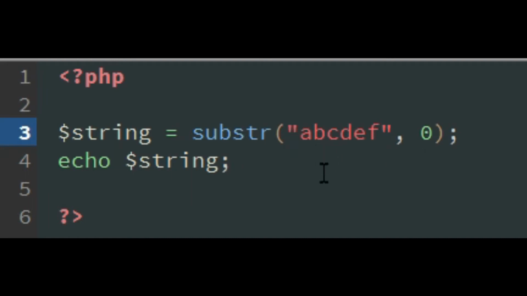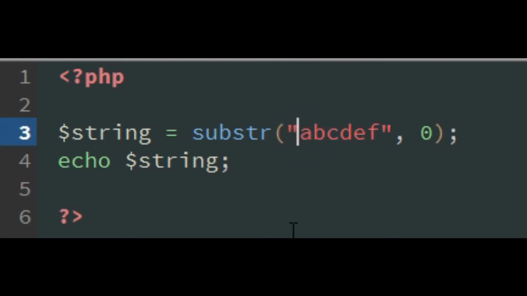So the first parameter is the string, and the second parameter indicates that you will start at position 0 and return the specific characters. For example, in this scenario the character at index 0 is A. So it will return the following output.